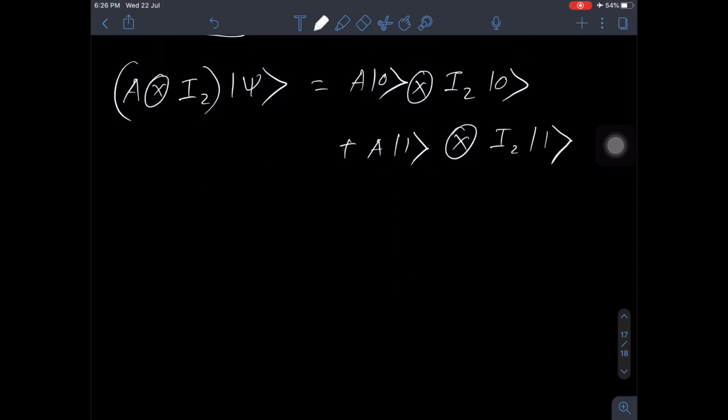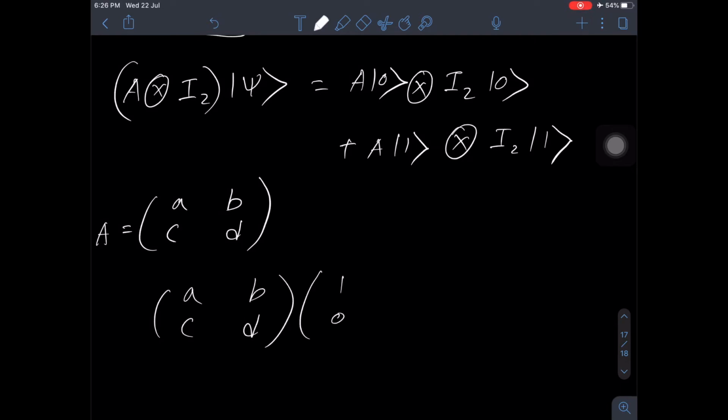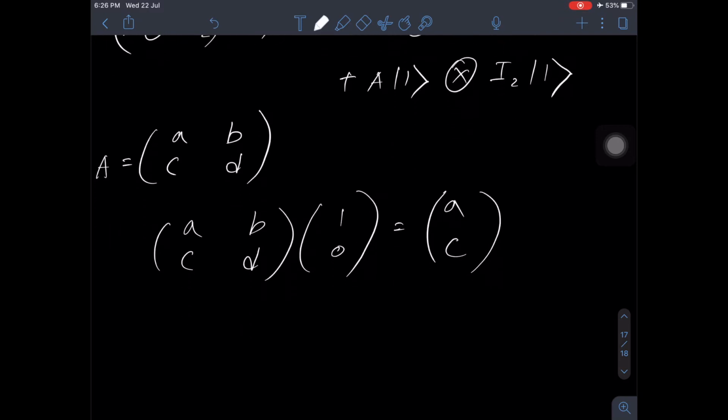Okay, so now how do I calculate A times 0? Let's say A is something like this: a, b, c, d. This is my A. If this is A, what will be A times 0? You can easily check that this times 0, the 0 vector, would give you a and c, right?